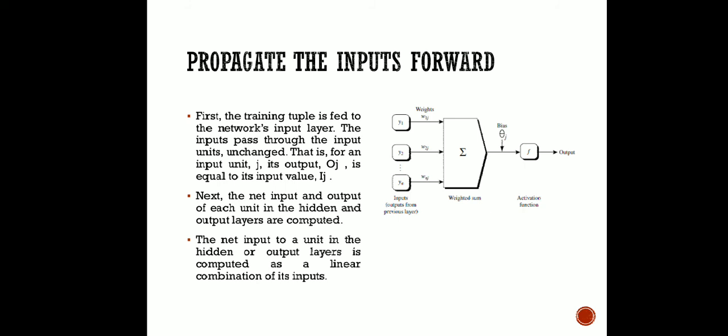Now the net input to a unit in the hidden or the output layers is computed as a linear combination of its inputs. You will see in the example that there will be a linear combination. If this diagram is considered, then to find the weighted sum, it will be y1 multiplied by w1j, then y2 multiplied by w2j, in this fashion. That is a linear combination of inputs.